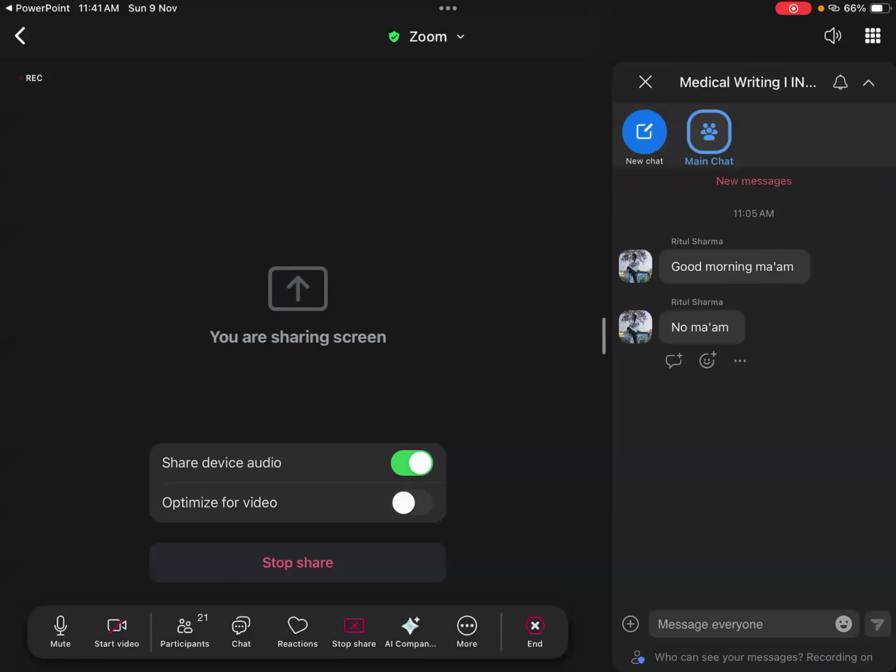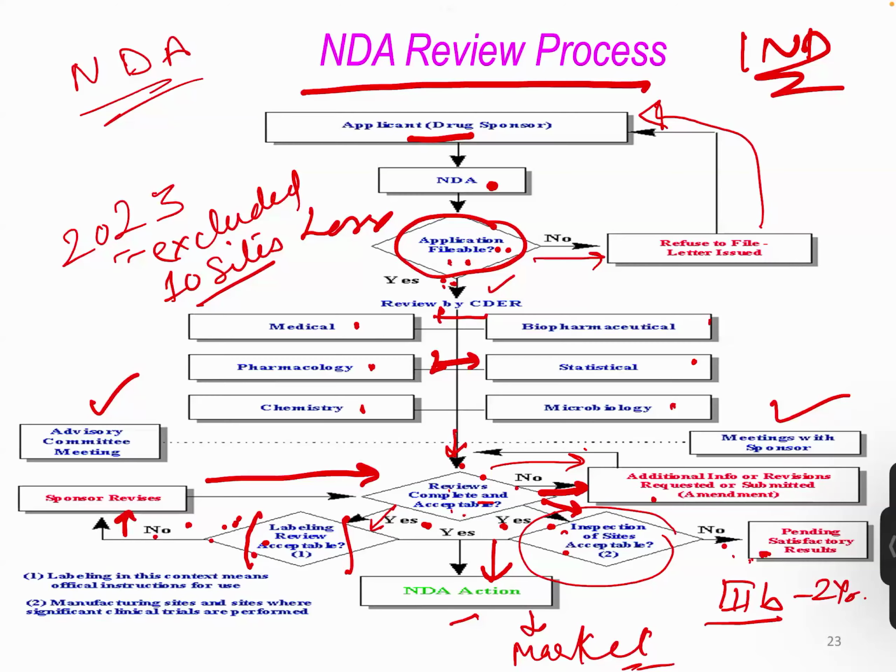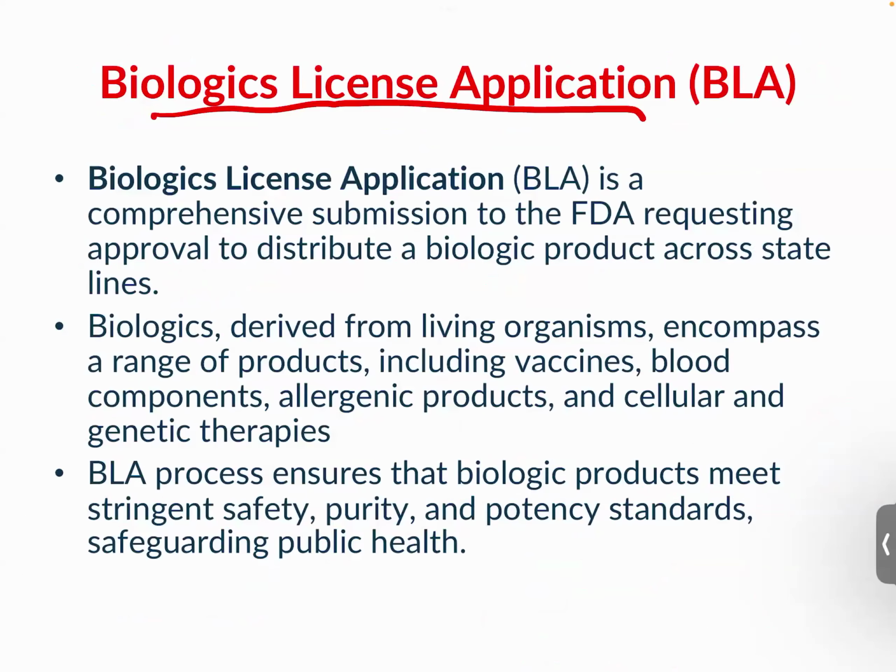Now coming to the biological license application. How is it different from the NDA application? A biological license is for requesting a biological product. Biological products are derived from a living organism. The range of products includes vaccines, blood components, allergenic products, cellular and genetic therapies.